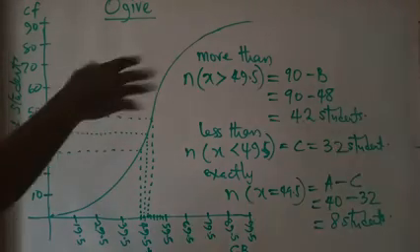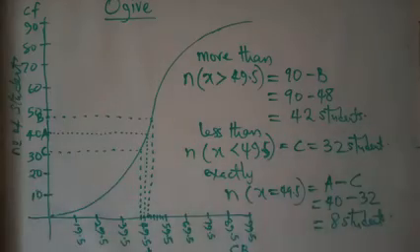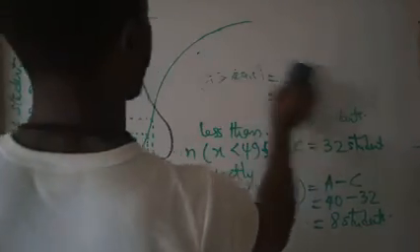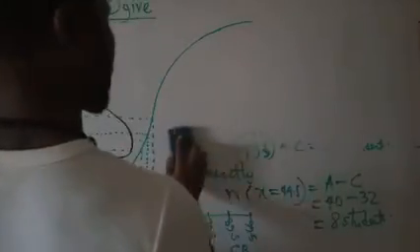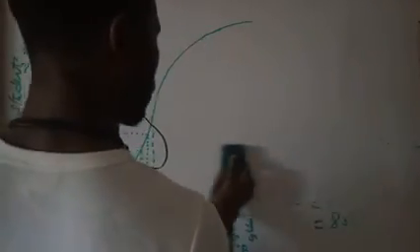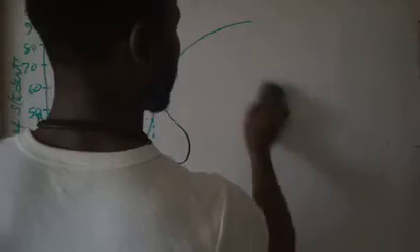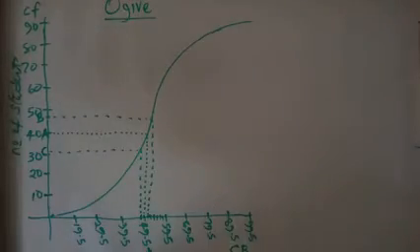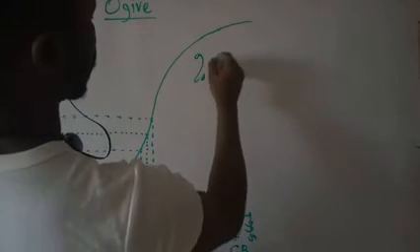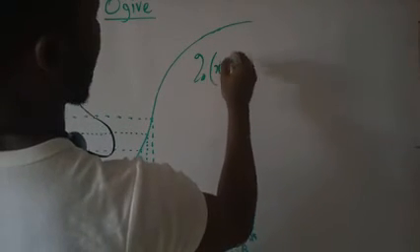Now, they can play with all these values. They can begin to play with all these values, asking you things like, find the fractions, find whatever. Now, say for example, you are asked to find the percentage of students that scored at most 49.5.